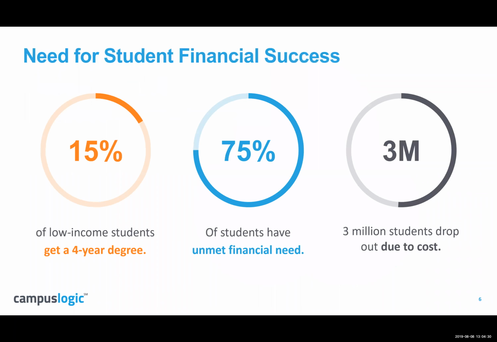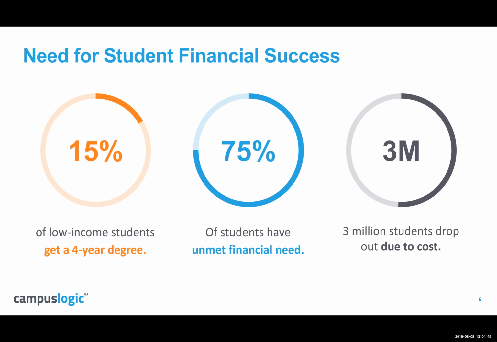So as we've looked at why student financial success is important, again, I'm preaching to the choir here with the folks on the phone. You all know that there's definitely a challenge in helping students get through the educational journey, getting them to completion.